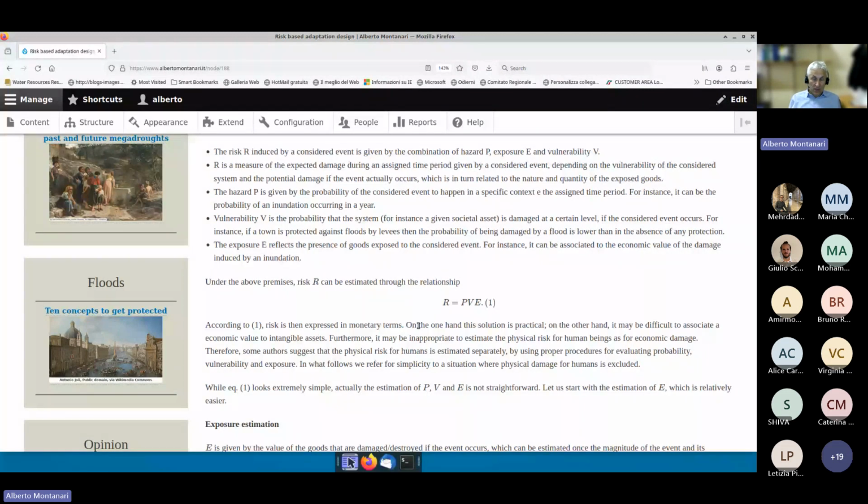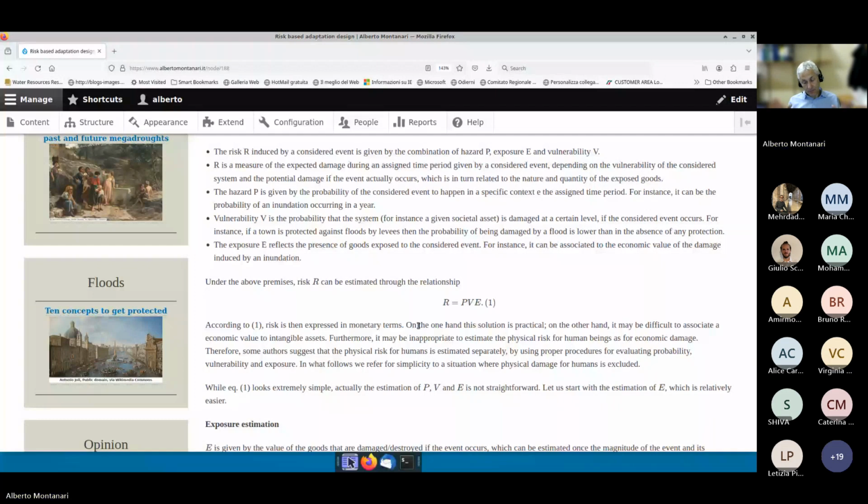And exposure usually is included in the range 0, infinity. Exposure cannot be lower than 0. Usually we cannot get a reward if we are hit by a considered event. So exposure is 0 or higher than 0, and there is no upper limit.